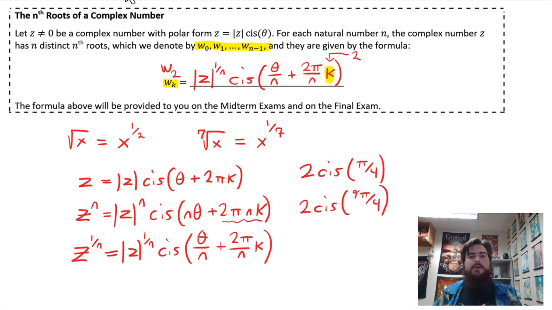So, for example, if I was working with the 3 distinct third roots, I'd be plugging in 0 as my first solution, then I plug in 1 to get my second solution, then I plug in 2 to get my third solution. So that would give me my 3 answers. If I was working with the 5 distinct fifth roots, then I'd be plugging in 0, 1, 2, 3, and 4. That would give me my 5 answers.